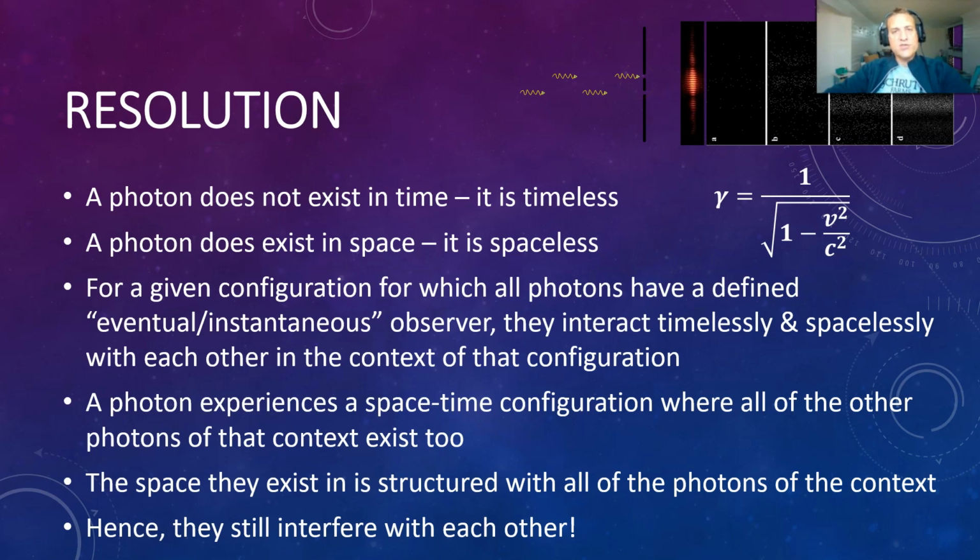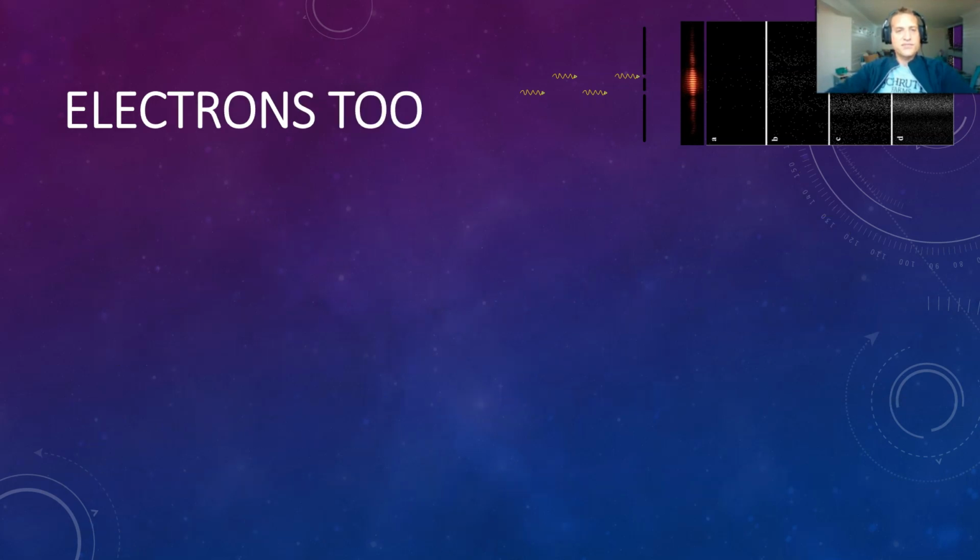How do you get interference when it seems like there's only one going through at a time? Well, that's our experience, but that's not the experience for the photons. For the photons, all the other photons are there too. For any single photon of this experiment, all the other photons in the experiment are present as well. So they still just interfere with each other. Boom, solved. You still get the interference pattern. Isn't that nice? Very nice.